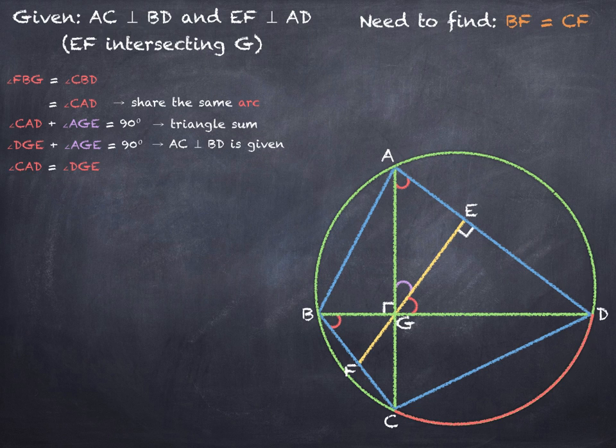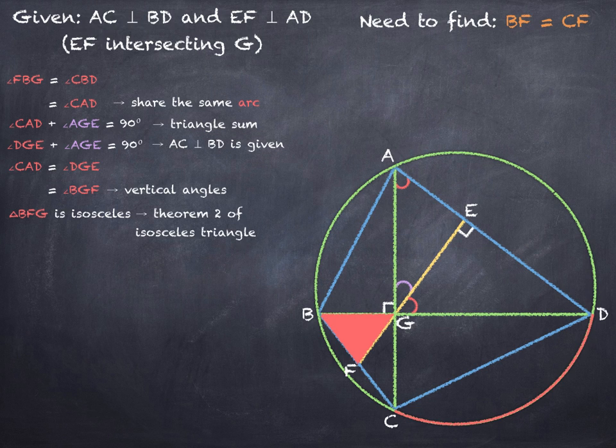By using these two equations, we find that angle CAD equals angle DGE, and that angle DGE equals angle BGF by vertical angles. Therefore, triangle BFG is isosceles because of our theorem 2 of isosceles triangle. Therefore, BF equals FG.